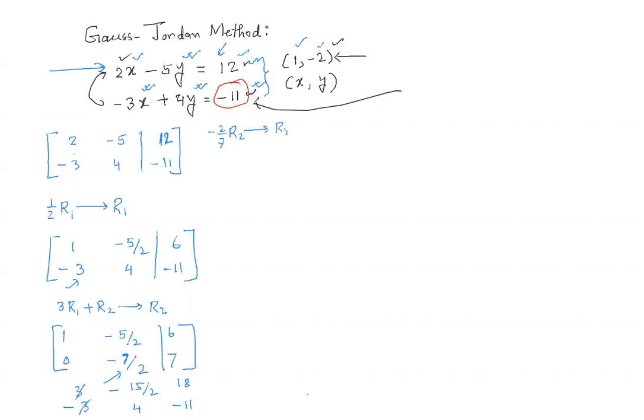All right. So row 1 stays the same, 1, -5/2, 6. And row 2 becomes 0 times -7/2 is 0. 0 times -2/7 is 0. Then -7/2 times -2/7 is 1. -2/7 times 7 is -2.